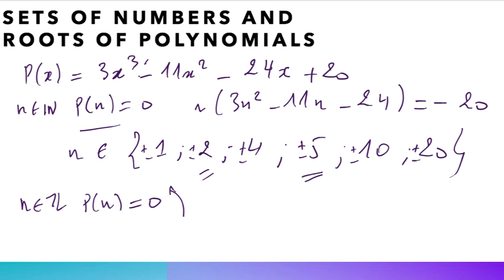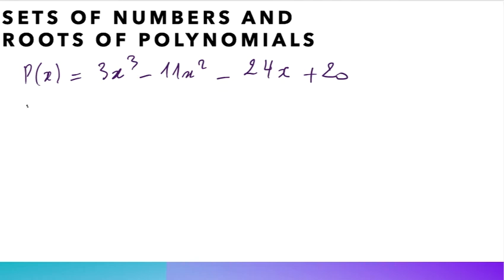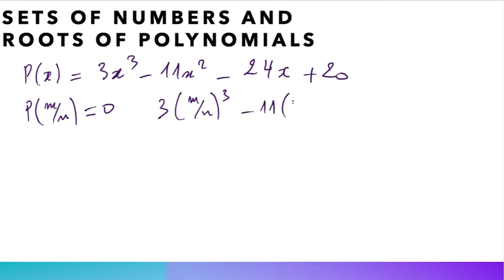Our polynomial is of degree 3, so it must have another solution, and let's try to find out if it is rational or not. Indeed, if p of m over n is 0, we can rewrite this as 3 times (m over n) cubed minus 11 (m over n) squared minus 24 (m over n) plus 20 is 0.